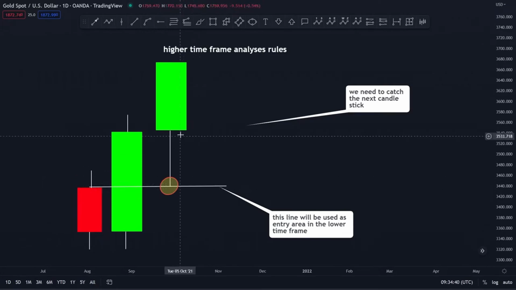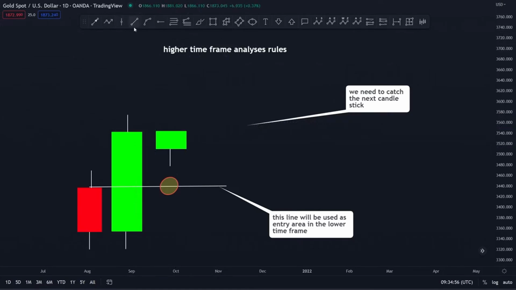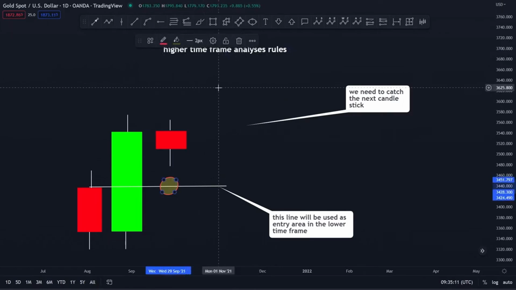And another thing that you're going to see, if we are on the daily and we see something like this on the next day, a bearish candle here, that means this setup will be invalidated already, because we want to catch the next bullish candle.